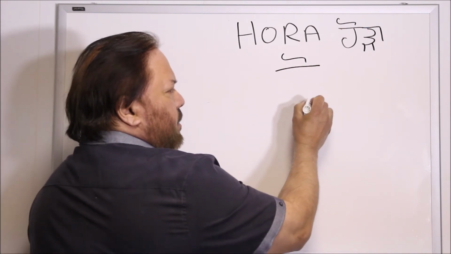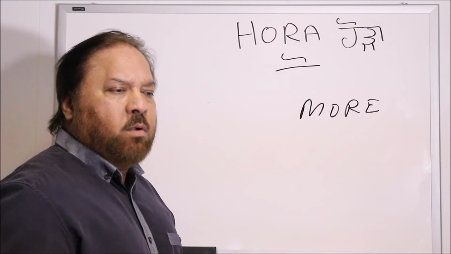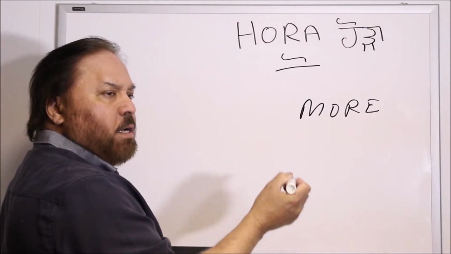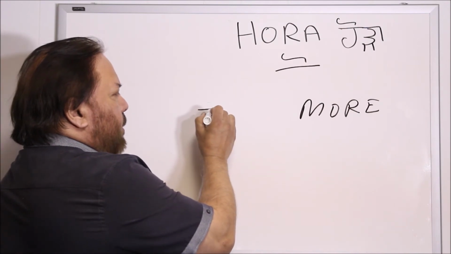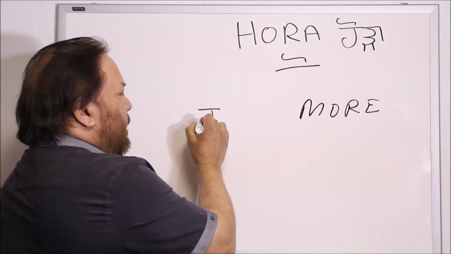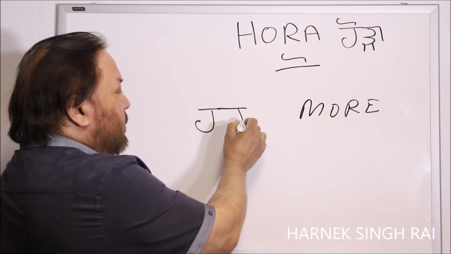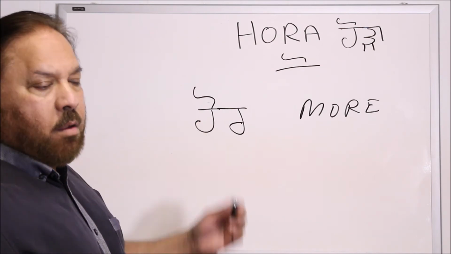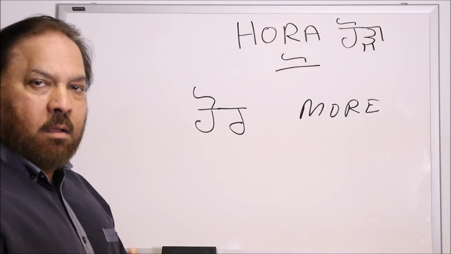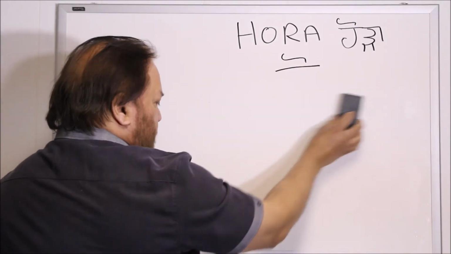This is like more. We call it HOR. So for HOR, haha for H, and then rara for R, HORA on the top, which is HOR like more.